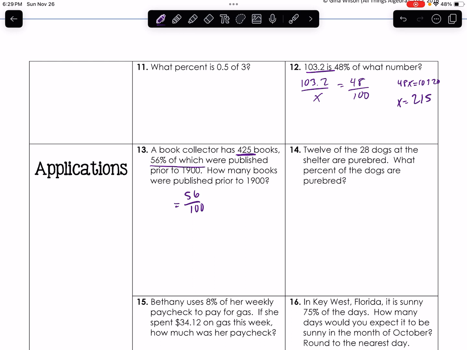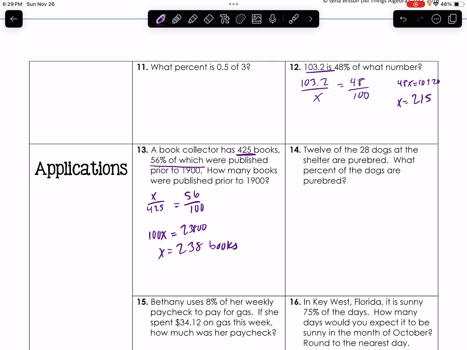He has 425 books, so that is a whole. We're looking for 56%, which is a part. And that's how we set up that. Okay, so cross multiply and divide. Okay, so 238 books were published prior to 1900.